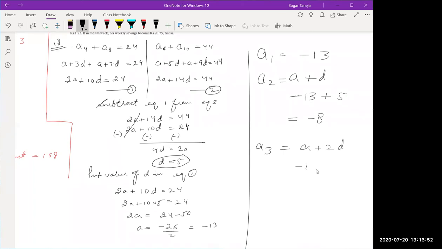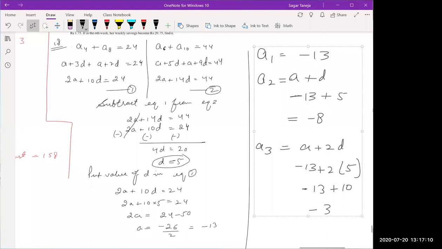Your choice. So the three terms of the AP are minus 13, minus 8, and minus 3.